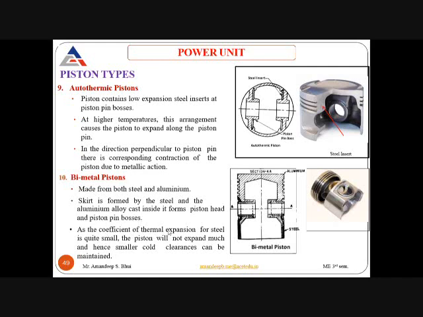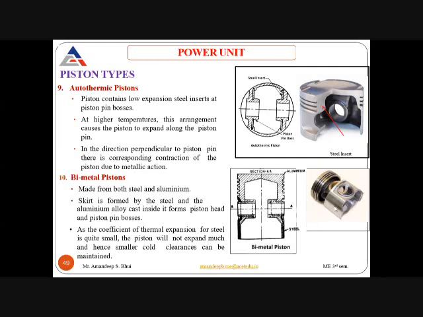Now, as the coefficient of thermal expansion of steel is quite small, the piston will not expand much. Hence, smaller cold clearances can be maintained. Because the skirt is made up of steel, which has lower thermal expansion, the expansion of the skirt is restricted.